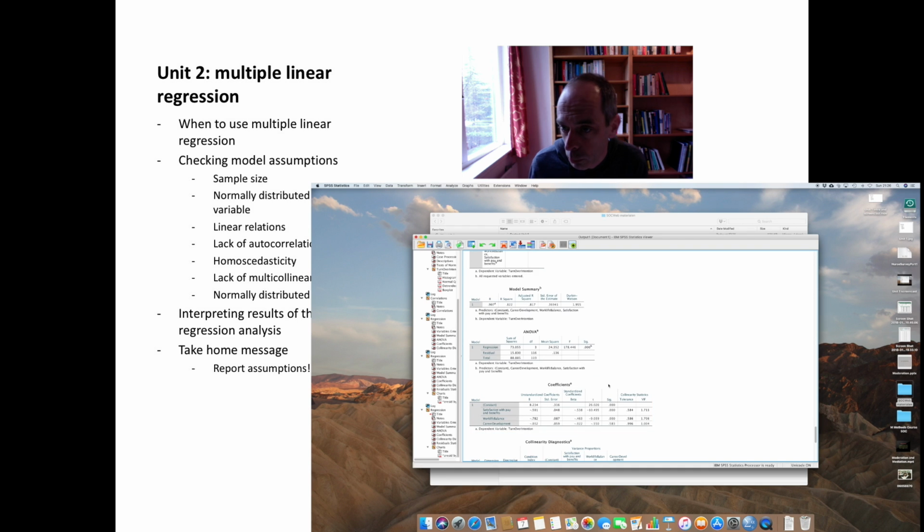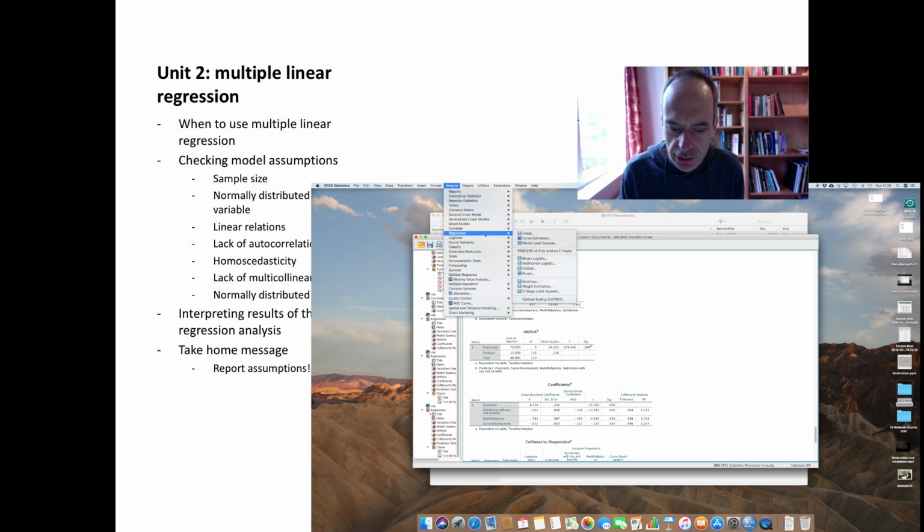And we can produce the Durbin-Watson under Analyze, Regression, Linear, and then the Statistics dialog box under Residuals. And we see in this example that the Durbin-Watson is 1.955, which is, again, perfectly fine.